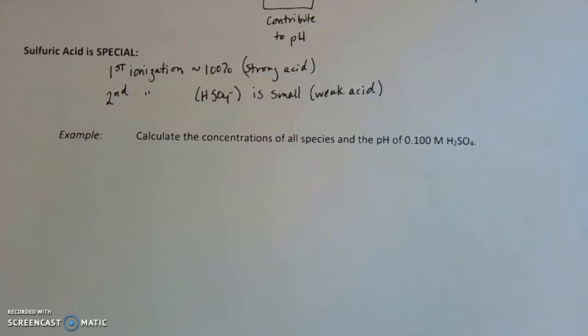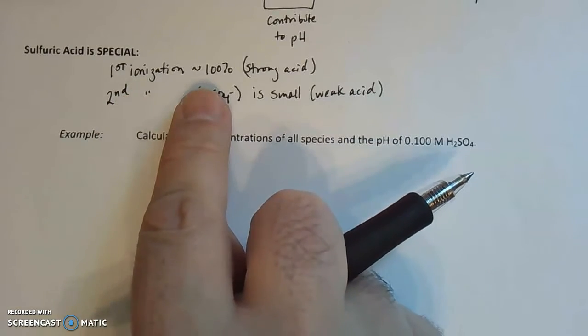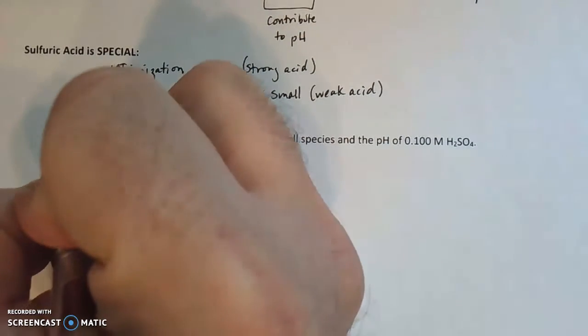So we are going to look at our example problem now for H2SO4. Anytime you see sulfuric acid, this is an example of how we will treat it. So we have 0.100 molar H2SO4. And we said before that sulfuric acid in its first ionization is basically 100%.